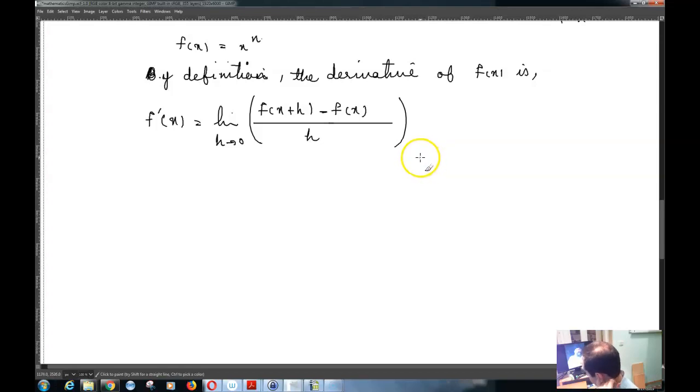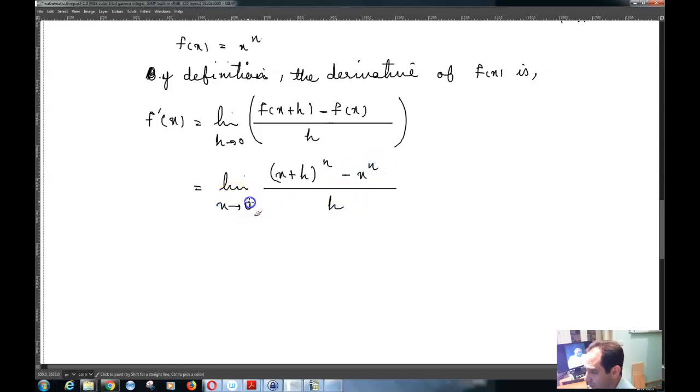When h tends to 0, which is the same thing as the limit of (x plus h) raised to the power n minus x raised to the power n, over h, as h tends to 0.